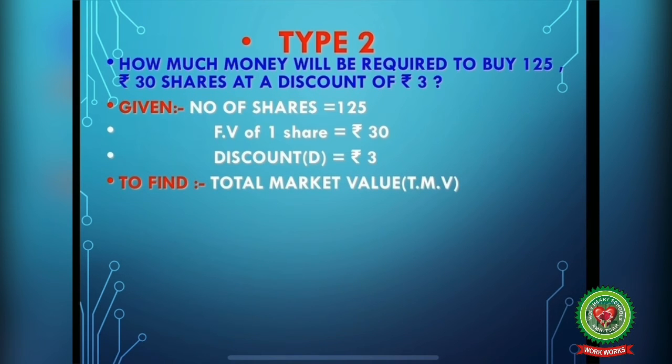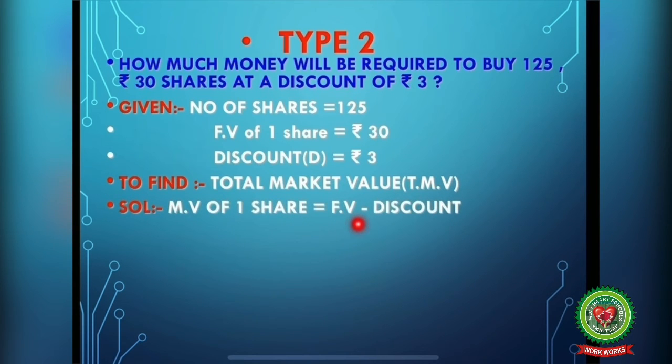Again, to calculate total market value, we need the market value of one share and the number of shares. The number of shares is given to us in the question as 125. Now we need to find the market value of one share. So the market value of one share will be equal to face value minus discount, which is rupees 30 minus rupees 3, which is equal to rupees 27.